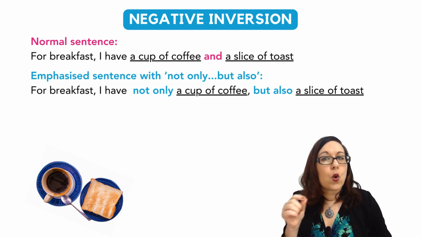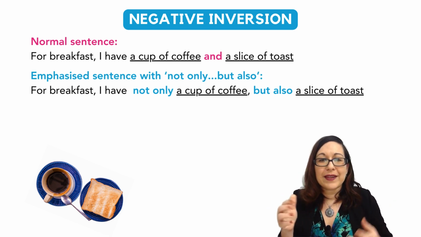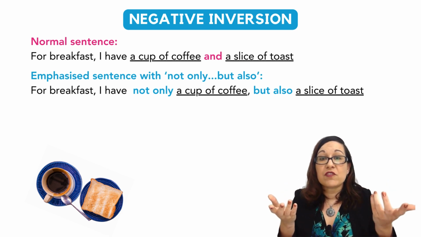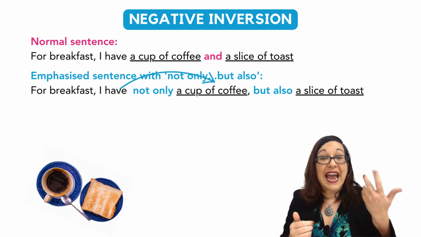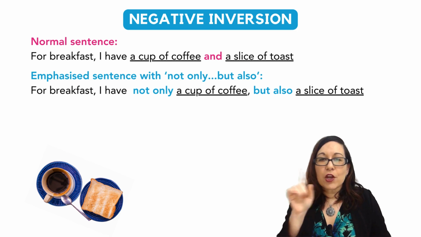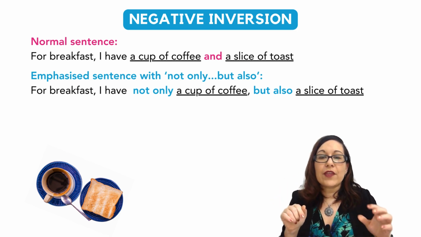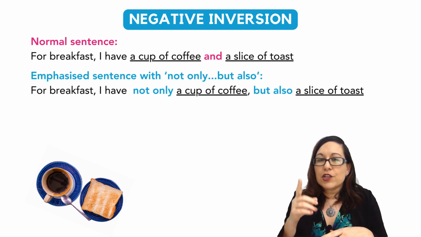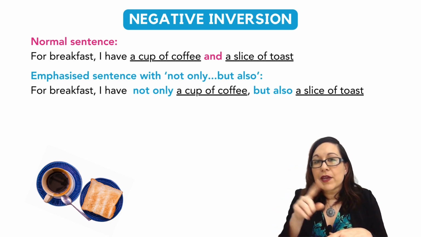Now, there's only one verb in my example because I've got the same verb for both coffee and toast. Have coffee, have toast. Okay, but you've got to be really careful with where the not only goes in the sentence. Look what happens if we move it before the verb.